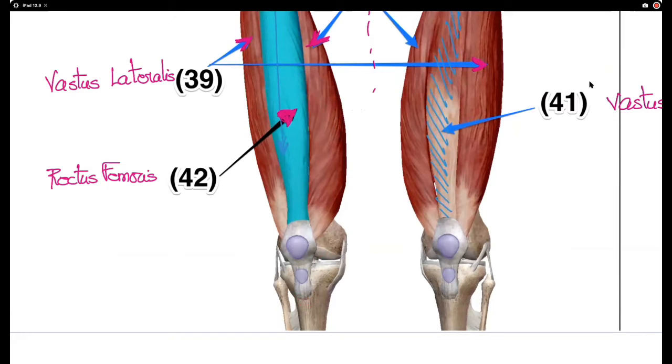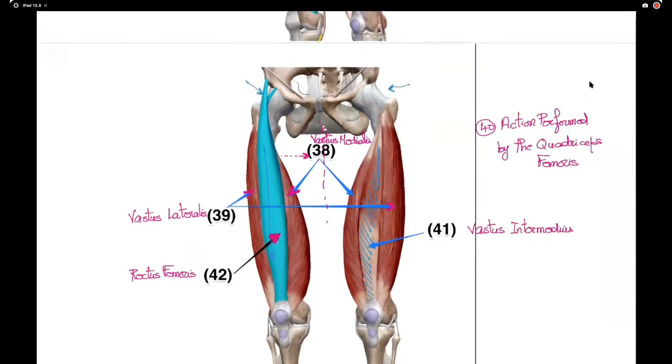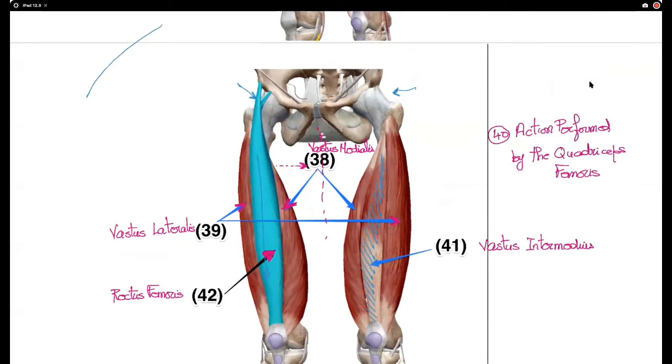So if I'm looking at a side view of the knee joint, this is my thigh, this is my knee, this is my leg. And I'm telling you that those muscles get inserted in here, in the tibial tuberosity, and they are coming down all the way like this.